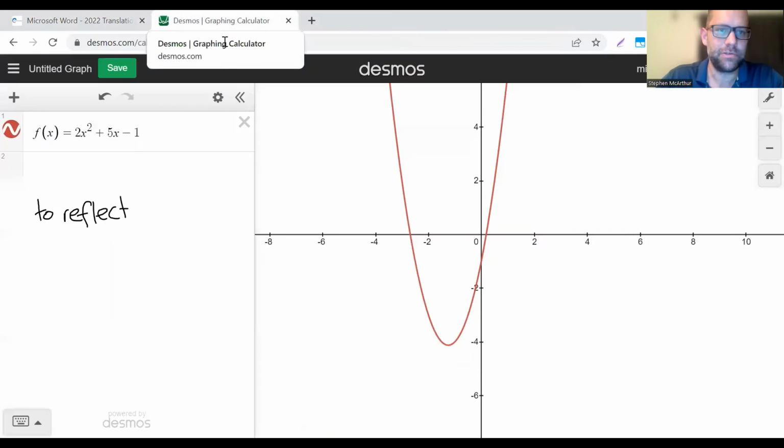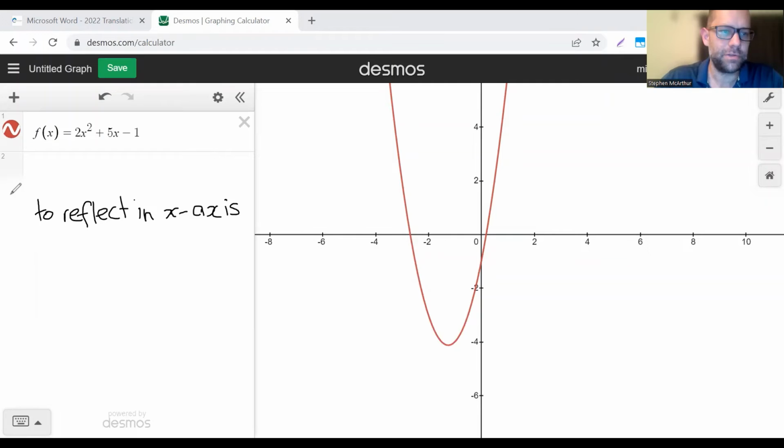So we're going to say the same thing: to reflect in the x-axis, y is equal to f of x initially. Right, to reflect in the x-axis, y is equal to negative f of x. So let's do that.